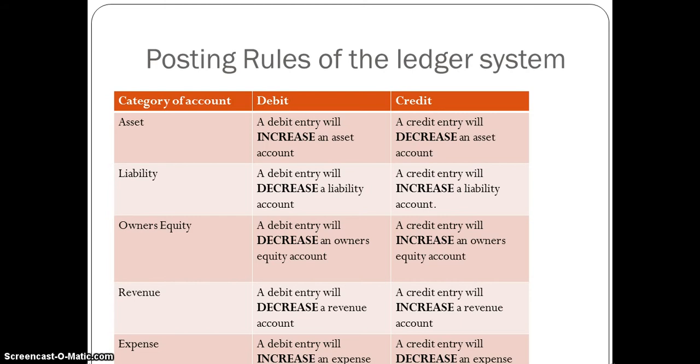So I would recommend you have a read through this table and copy it down, because these rules are going to be fundamental to your understanding and your ability to successfully post entries into the general ledger. So maybe pause the video and take time to copy this table into your notes.